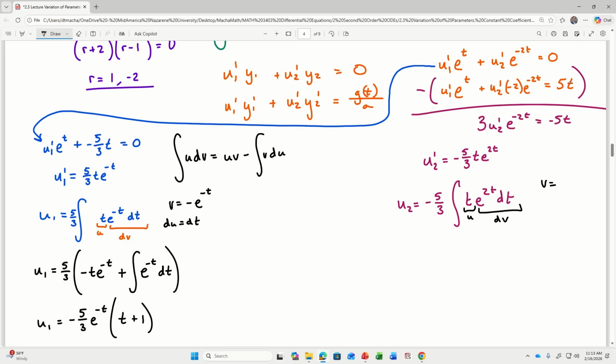That makes v 1/2 e to the 2t, and du is going to be dt. So u times v minus antiderivative of v du.